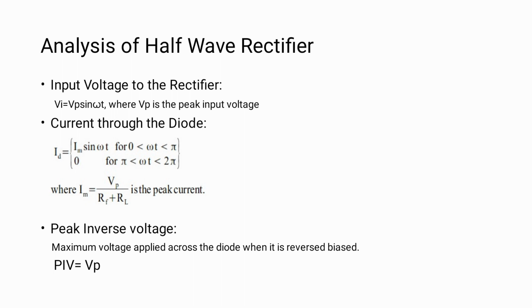So the whole input voltage appears across the diode. Thus, the maximum voltage across the diode is equal to the peak value of the secondary voltage, which is Vp. So in the half-wave rectifier, the PIV, peak inverse voltage, is equal to Vp. In the case of a full-wave rectifier, this will have another value.